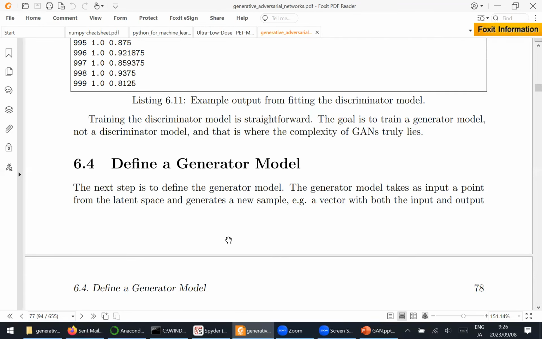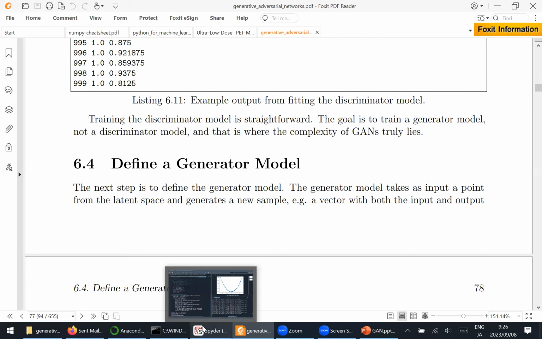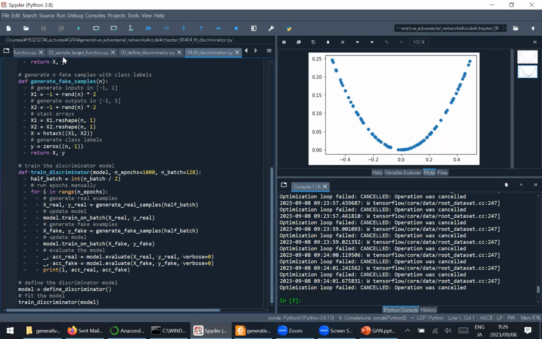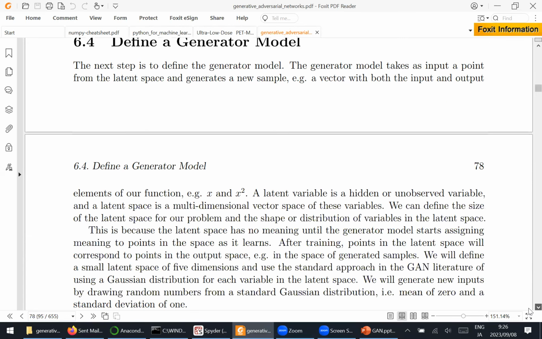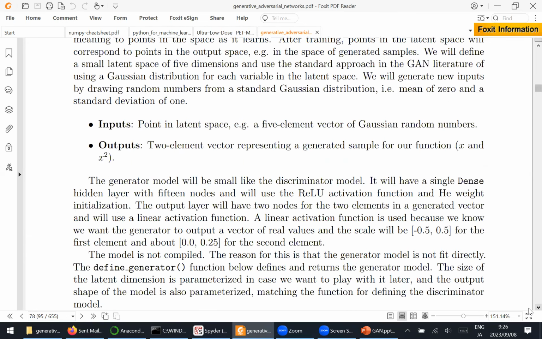So what about our generator? Let's scroll down here. So this is where they talk about latent space. This is kind of confusing. I think of latent space as just a random number seed.